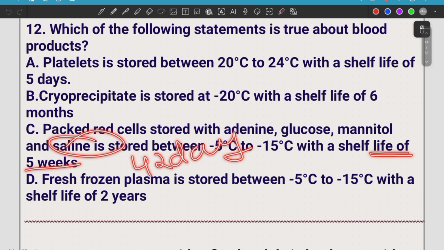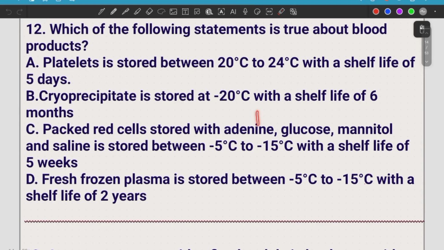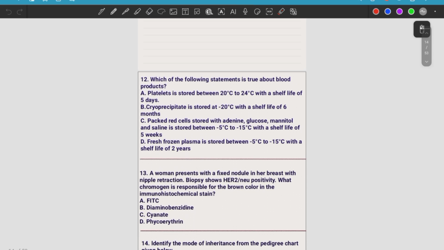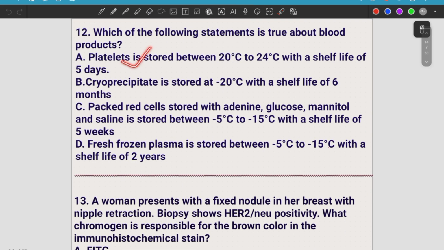Does 42 days mean 5 weeks? No, right? Each month has 4 weeks. So 5 weeks means 35 days, but you can store up to 42 days, which is also wrong. So the only correct option is A.